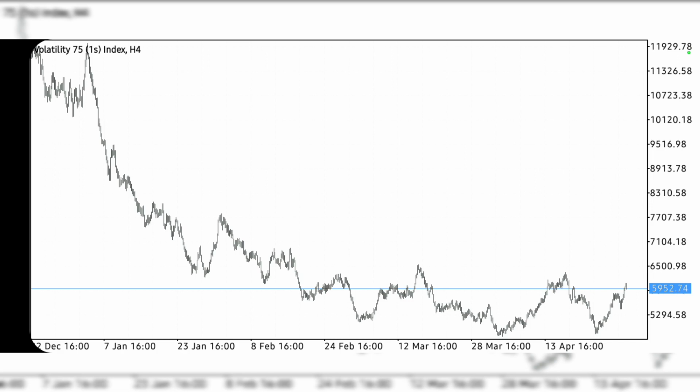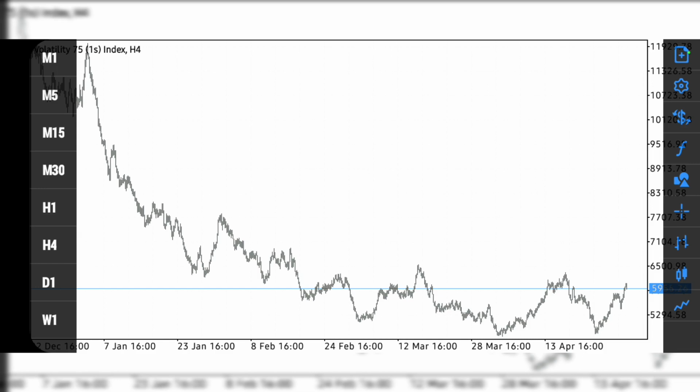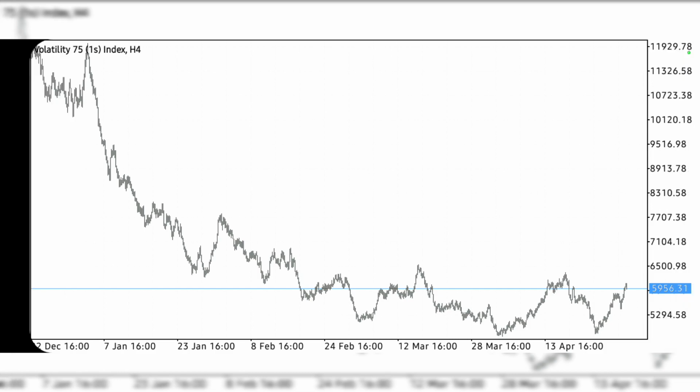So yeah guys, what I want to explain here is what I call the time frame differences. Now if you check all the time frames, we have 8 time frames, and all of these time frames have their own representation.